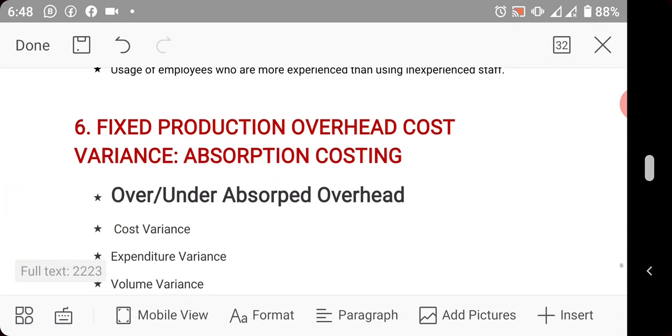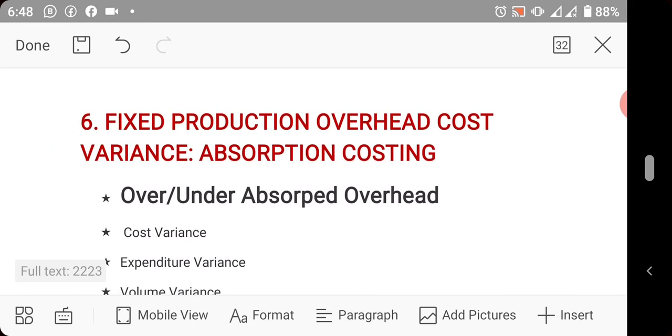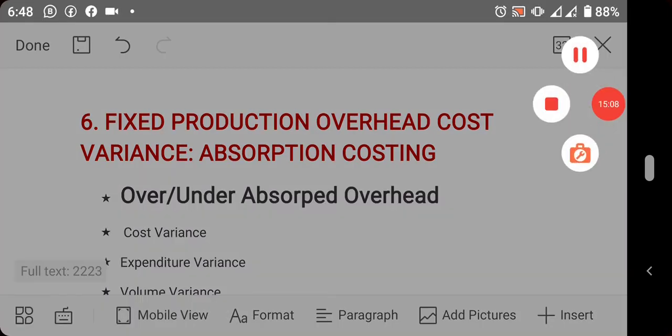So we'll now look at fixed production overhead cost variance. This is actually very technical, so you must prepare for it, as I will be explaining in detail.